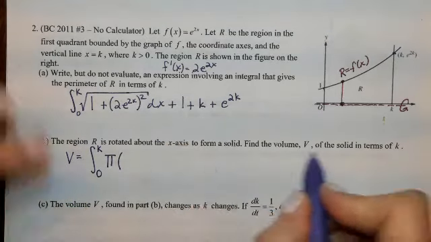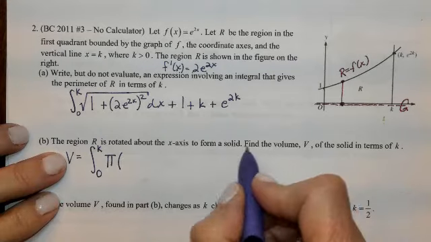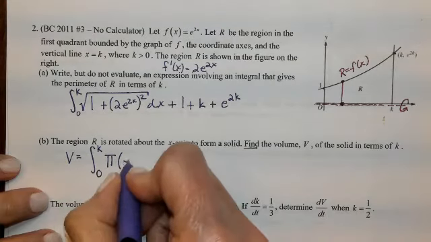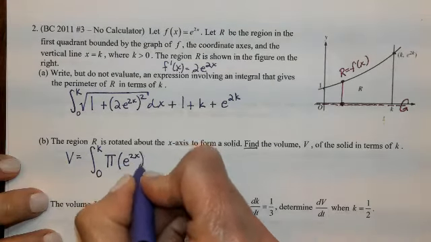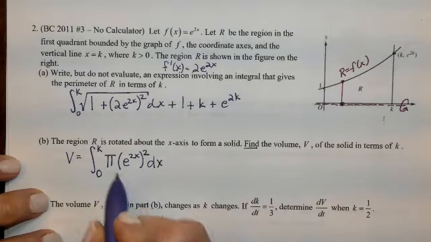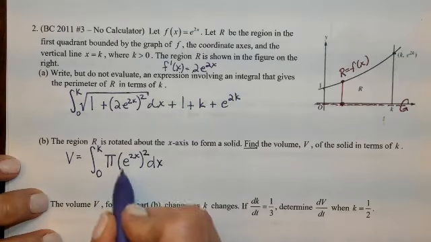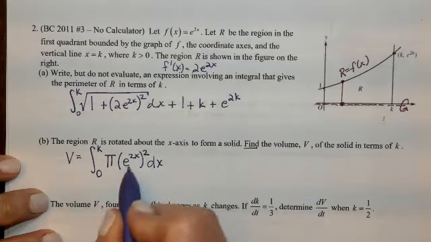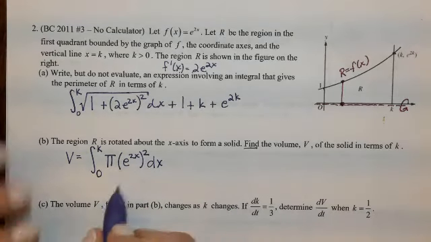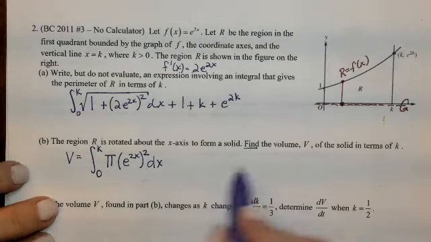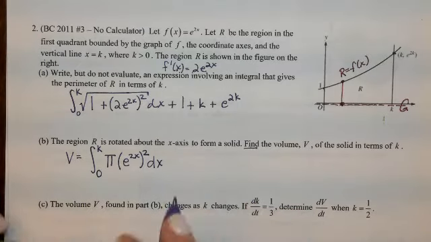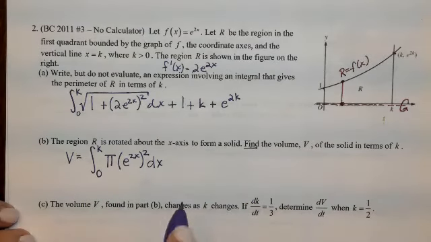And since we actually have to find the volume and not just write the integral, I am going to go ahead and write what f of x is. So pi times the big radius squared, pi r squared, that's the area of a circle, dx. That's the integral for it, and now, since they said to find the volume, we can't just leave it like that. We have to go ahead and figure out what this integral is.